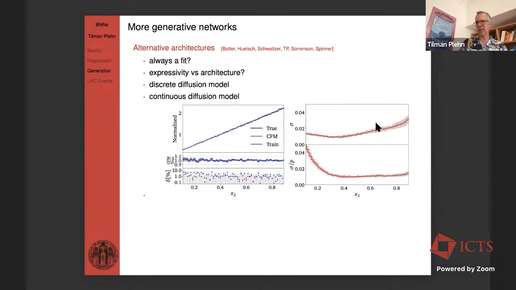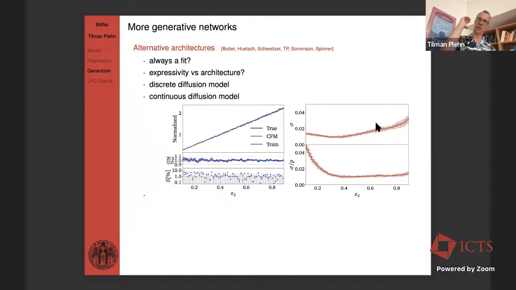So the CFM model is in many ways very much like a flow. However, the balance between fit-like behavior and higher expressivity and less of an inductive bias is swinging further to the higher expressivity, which, by the way, is how everybody thinks of continuous diffusion models, right?